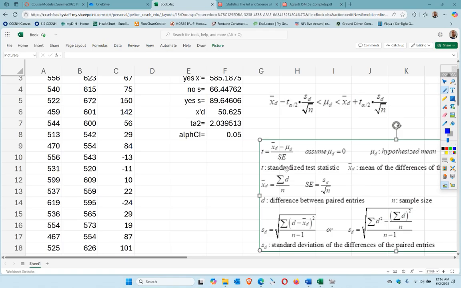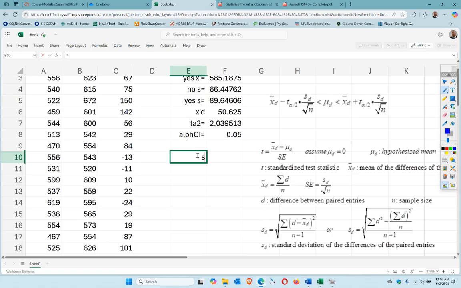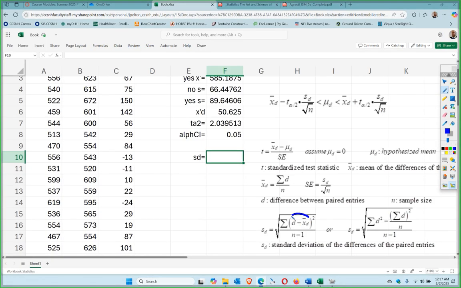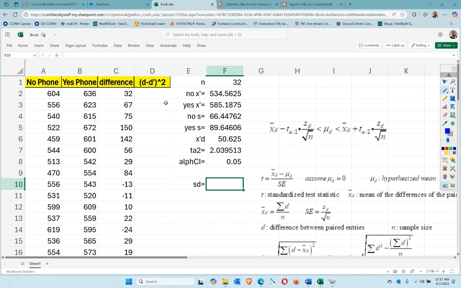Okay, so let's do SD. If you look at the formula here, it's the difference between the individual difference and the mean difference, and then square it, and basically add them all up, which is that last piece I have up here.